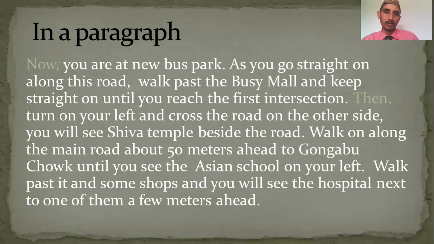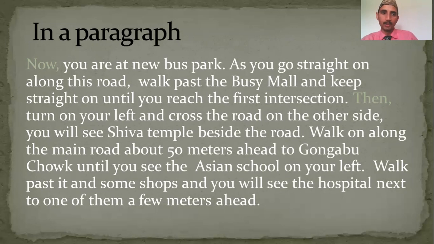So what do you find if you observe the sentences, or let's say paragraph? So first there is the linking word, now, then, okay. So linking words, connectors also you have to use here. Second, there is the information sentence here, you are at New Bus Park, and other sentences after, as you go straight on along this road, they are the imperative sentences.